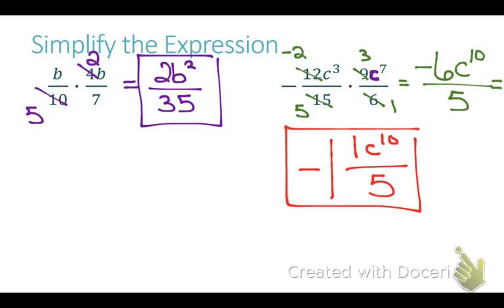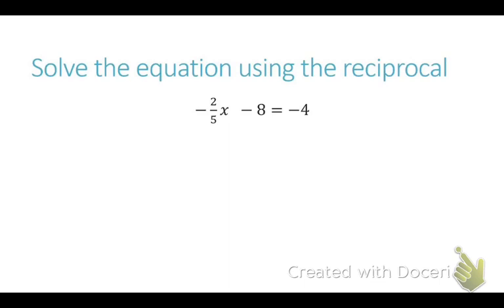Now we need to go to the next slide, which is solve the equation using the reciprocal. So this is a two-step equation. Yesterday on the quiz, I saw a few mistakes on this one, so I want to make sure I reviewed it. You will see it on your test tomorrow also.